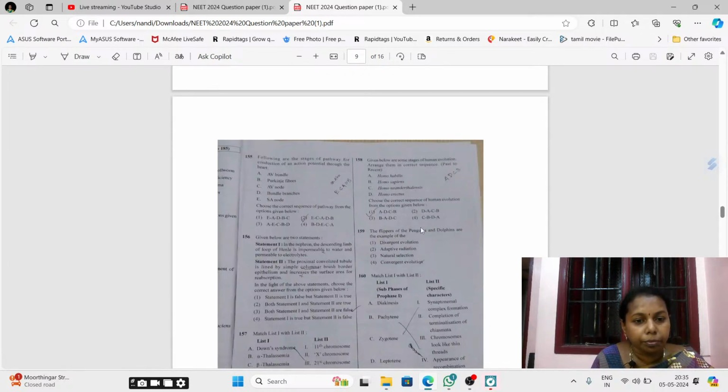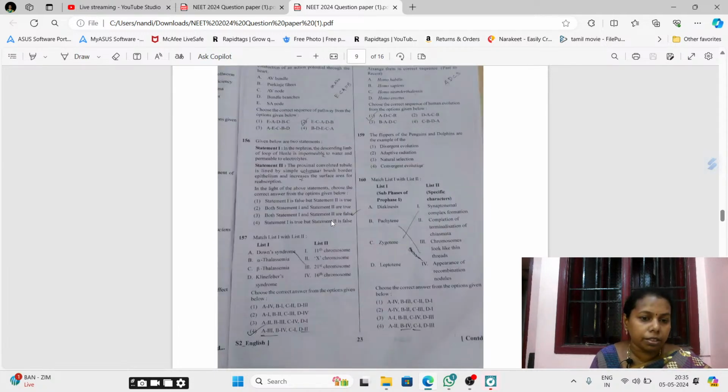Now 155. Following are the stages of pathway for conduction of action potential through the heart. The chronological order they are asking. So you have SA node, then of course AV node, AV bundle, then bundle of His, and then Purkinje fibers, which is in the option B. 156.